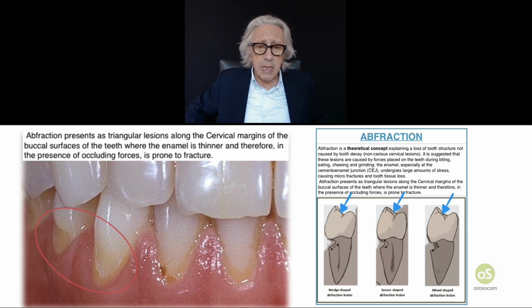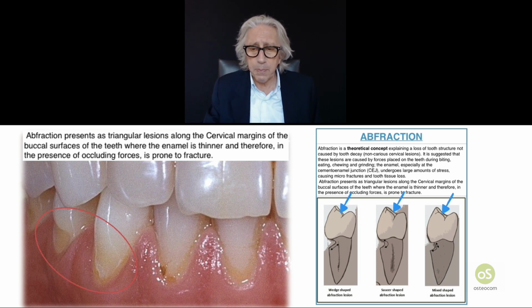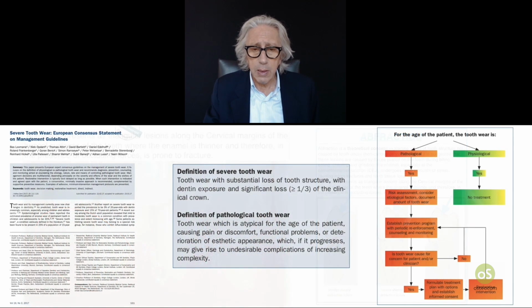Why does it happen? It is believed that the enamel there is thinner, and that is the reason why, in the presence of occluding forces or overloading, it is quite prone to fracture. That is the point, with the occlusion as you see on the blue arrows there.